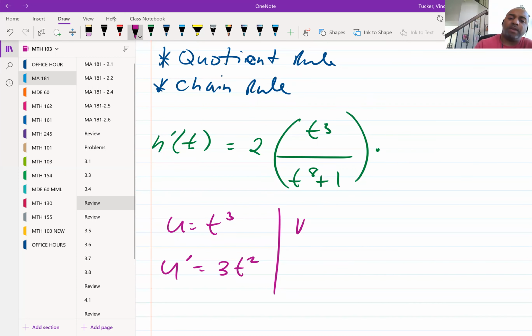Then we have v, which is the bottom. Then the derivative of that, v prime, which is going to be 8t to the 7th. So we just bring our exponent down, subtract 1 from the exponent, and the derivative of any constant will always be 0.